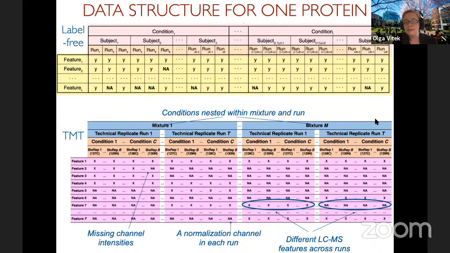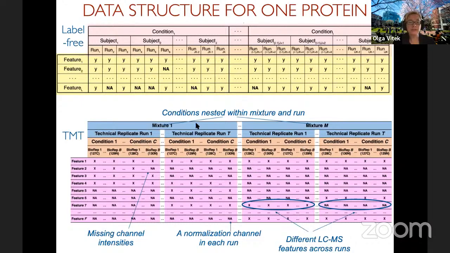And then, of course, we have another mixture which has new biological subjects. So just in the terminology, the mixture contains different biological material. A mass spectrometry run can be a technical replicate run of the same biological material. And this biological material is a combination of biological replicates which come from different conditions. So now the grouping is different.